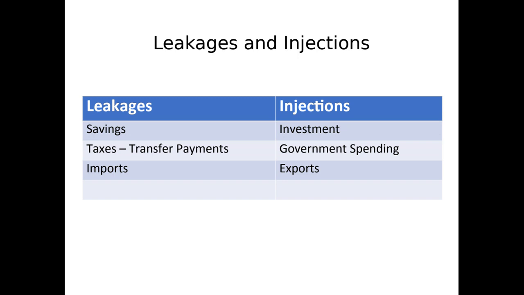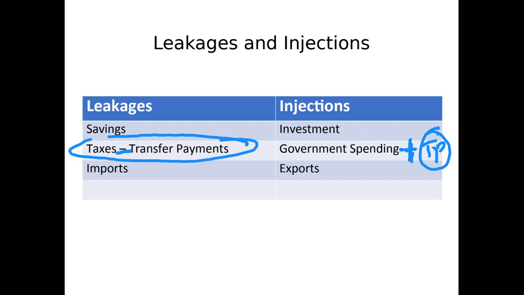But we take this transfer payment, here you have a plus sign, so here we subtract. So we just subtract and say, okay, taxes minus transfer payment is leakage, and government spending is injection.